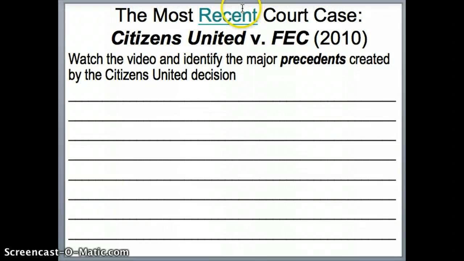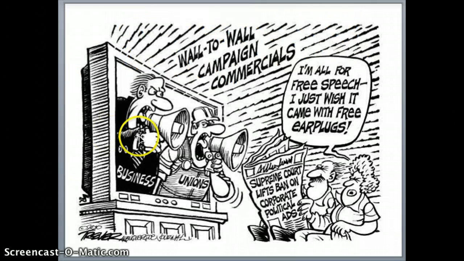This is a video, a PBS video from the PBS NewsHour that explains the precedents, the rules, the events that have come out of this decision. Definitely spend some time looking at it. You have to know the precedents of this case for your exam, for your quiz, and who knows, maybe the AP exam in May.